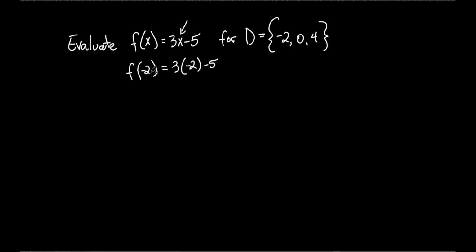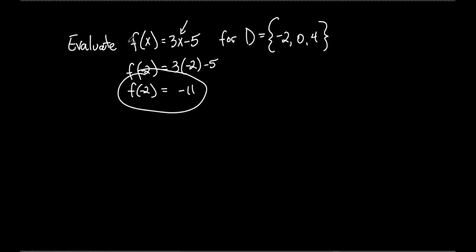And now we just do the work. That should be easy. That's -6 minus 5 is -11. So f of -2 is equal to -11. This is my f function. It could be a g function, h function, whatever letter function. Usually they kind of stick with f, g, and h. Usually, not all the time.